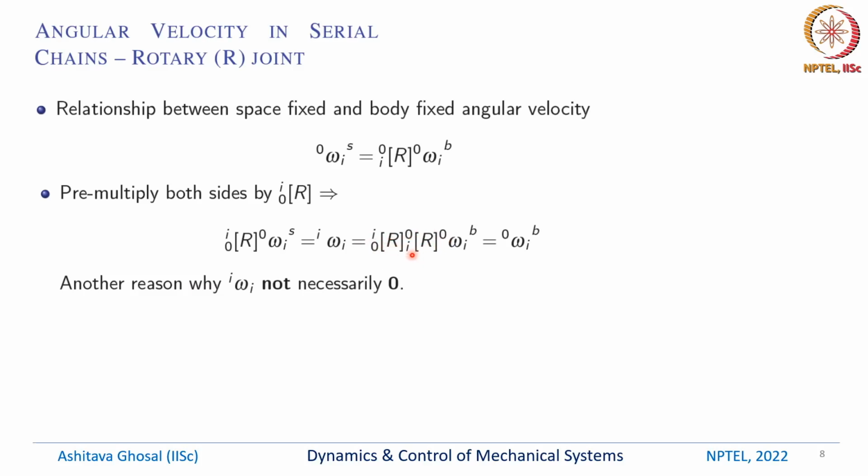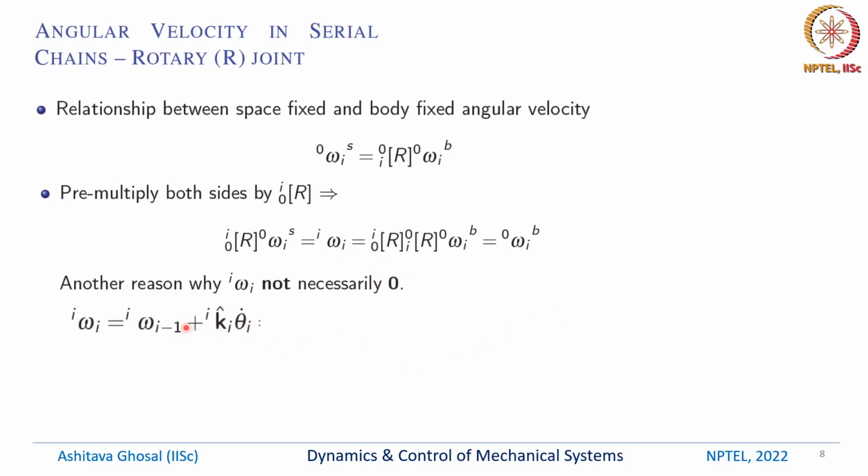So there is no rotation. This is an identity matrix, and hence we are left with only this term, which is ^0 omega_i^b. So what this simple algebra is showing you is that this quantity, ^i omega_i, is nothing but this body fixed angular velocity vector. Hence ^i omega_i is not necessarily 0, because the body fixed angular velocity vector need not be 0 all the time.